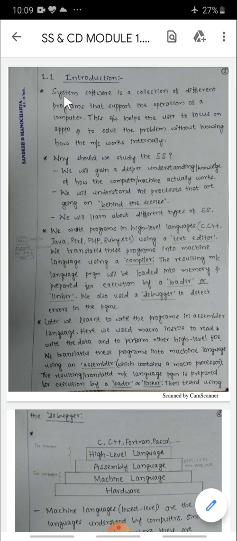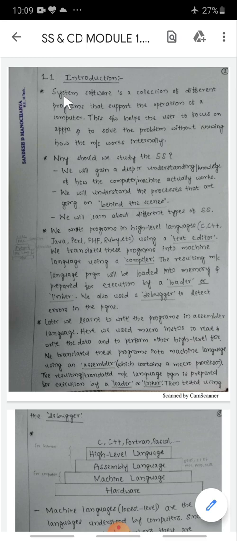We will come to know the different types of system softwares, and how the processes are executing, and what all the circus is going on inside the computer or machine. That is nothing but behind the scene, or behind the screen, what all the things are going on. So we should study this system software subject.